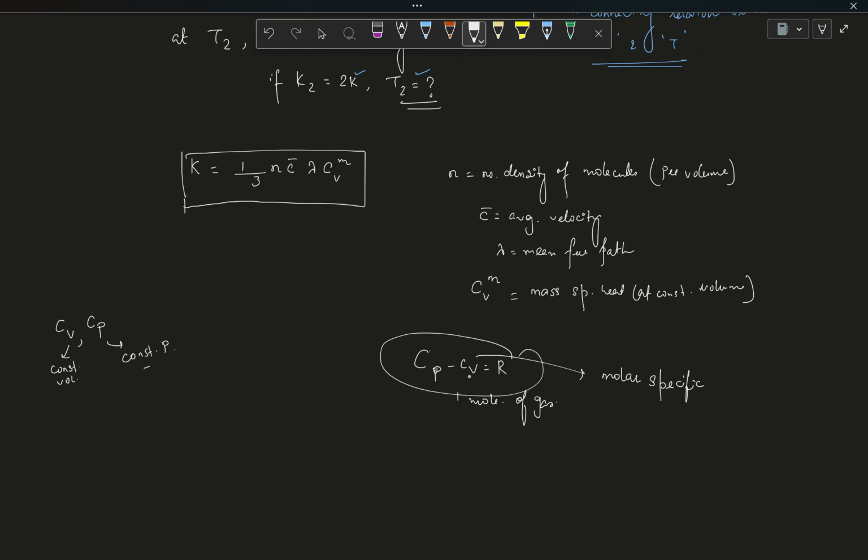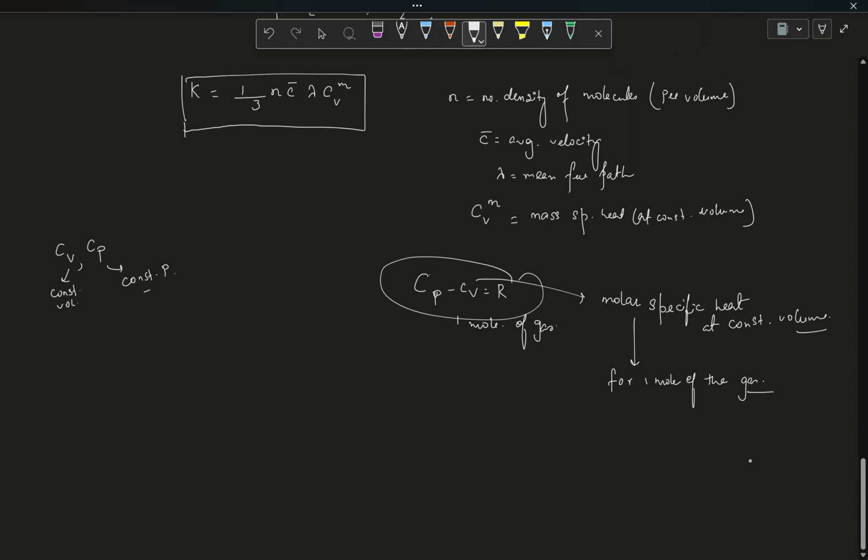Whenever nothing is mentioned other than just Cp or Cv, you assume this is the standard expression for molar specific heat. Because it is V, this is the molar specific heat at constant volume, and similarly C subscript P is the molar specific heat at constant pressure, for 1 mole of the gas.